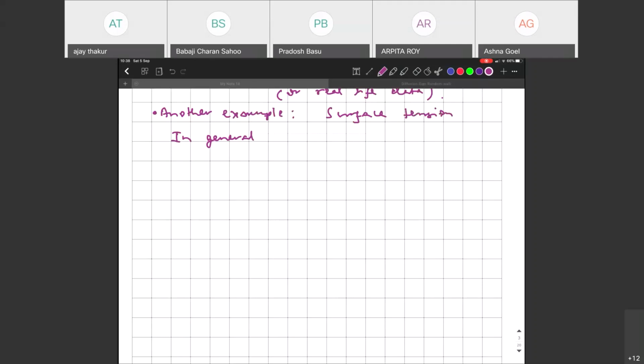In general, S is like force per unit length. Right.